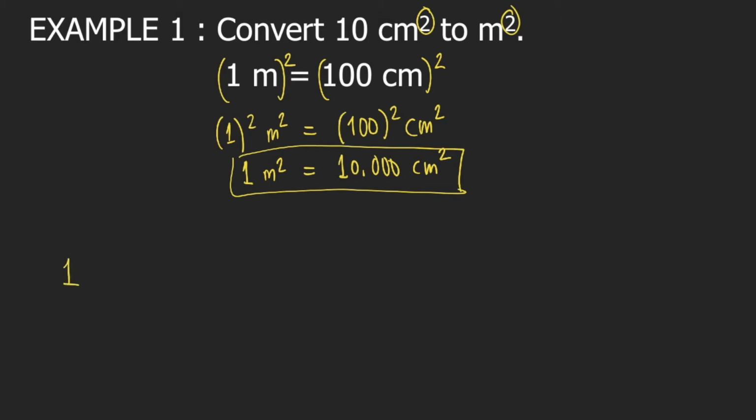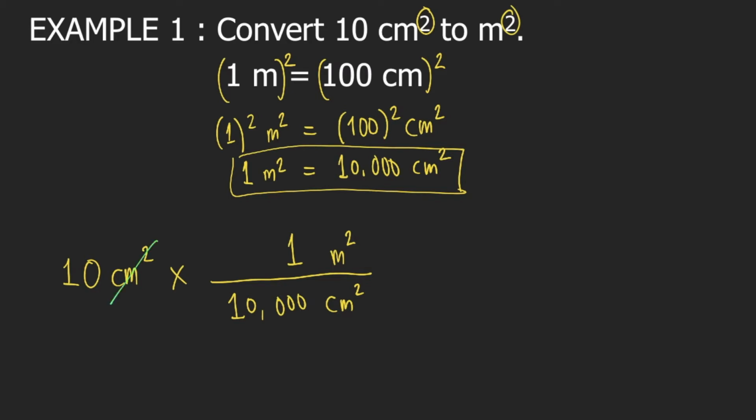So the given is 10 centimeters squared. Again, in dimensional analysis, we want to cancel the given unit. So to cancel centimeter squared, we put centimeter squared on the bottom and meter squared on top. And the equivalent says that 1 meter squared is equivalent to 10,000 centimeters squared. So centimeter squared will cancel.